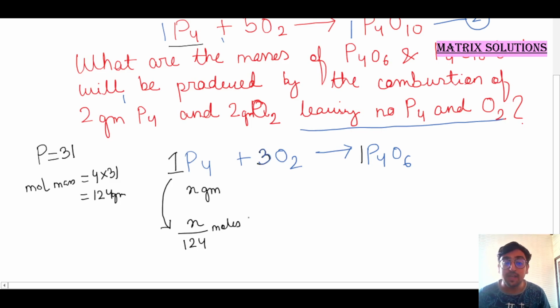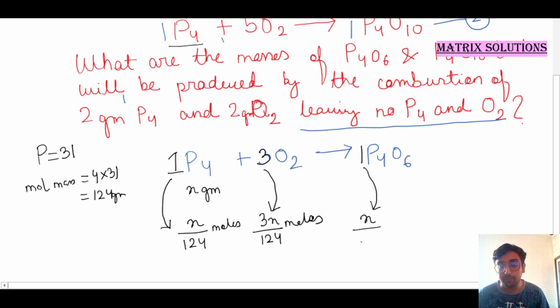It will become 3x by 124 moles, because one part corresponds to x by 124, so 3 parts correspond to 3x by 124. Similarly, the one part here will be x by 124 moles.